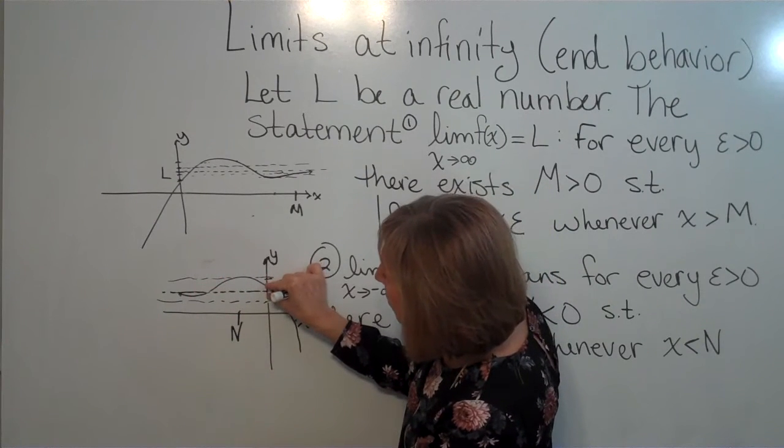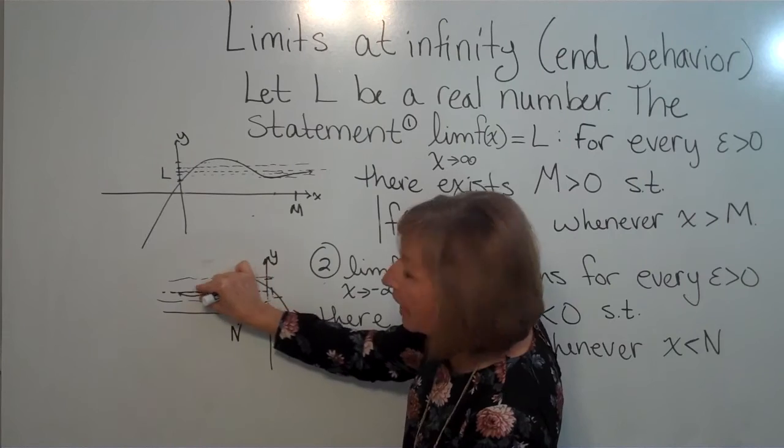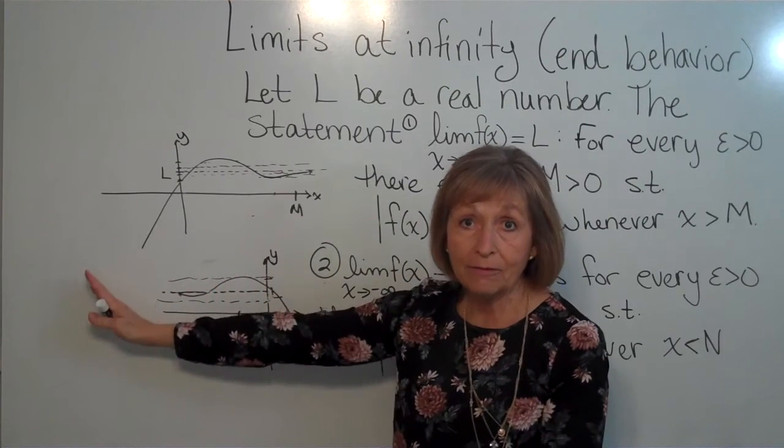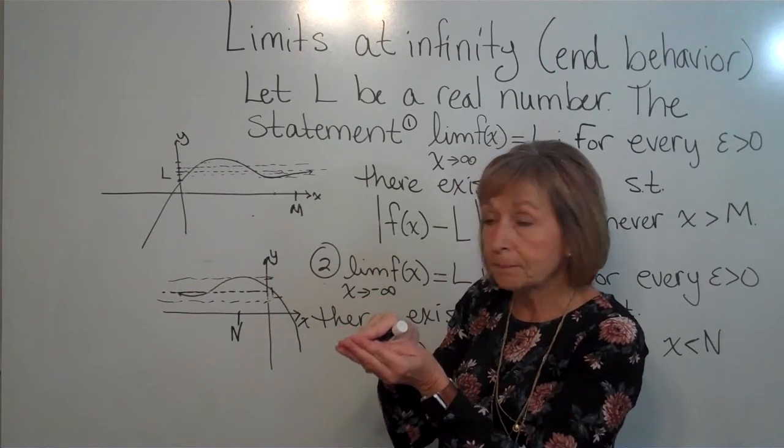If someone gives me a smaller epsilon, then I would have to go further out to get the n, but after that, the function would be caught in there.